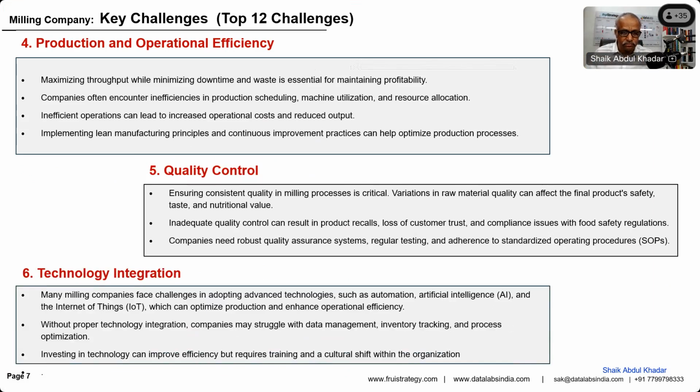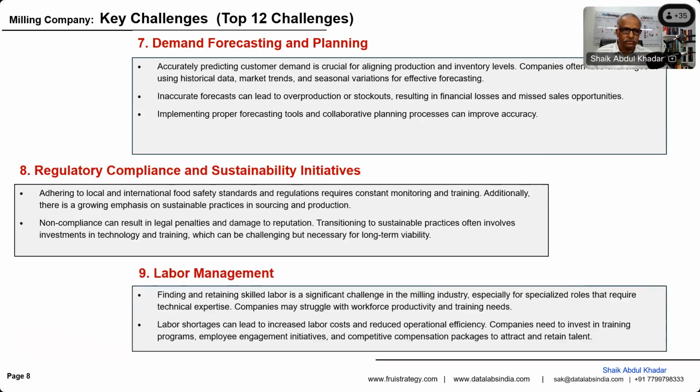Technology integration is very critical in the milling industry, because there are so many supply chain members as part of the whole supply chain, so you need to have that complete technology integration. Likewise, the milling industry has its own different challenges, such as demand forecasting and planning.